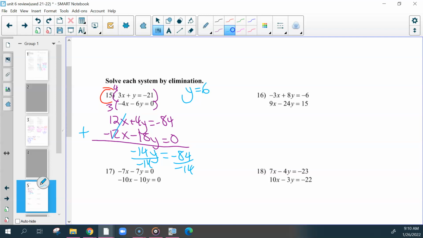Then we can put that into any of the 4 equations we have and find our x. x plus 6 equals negative 1. Subtract 6 on both sides, and divide both sides by 3.